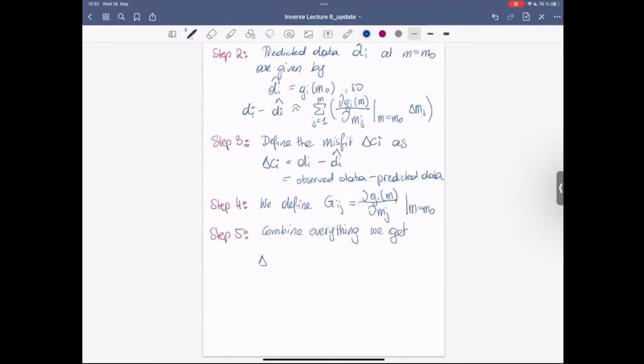So we can define our misfit delta ci as the sum over j equals 1 to m of gij delta mj evaluated at m equals m0, for i from 1 to n. And now let's get back to matrix notation.